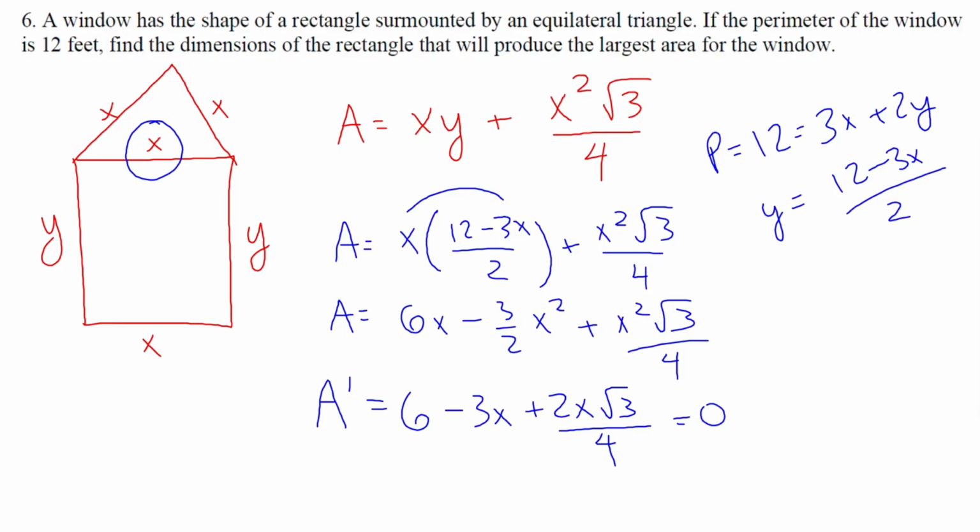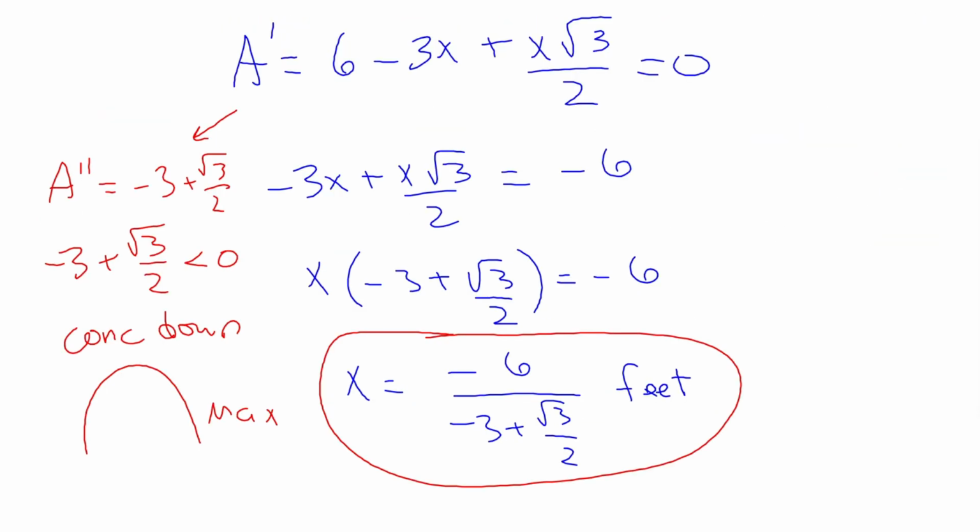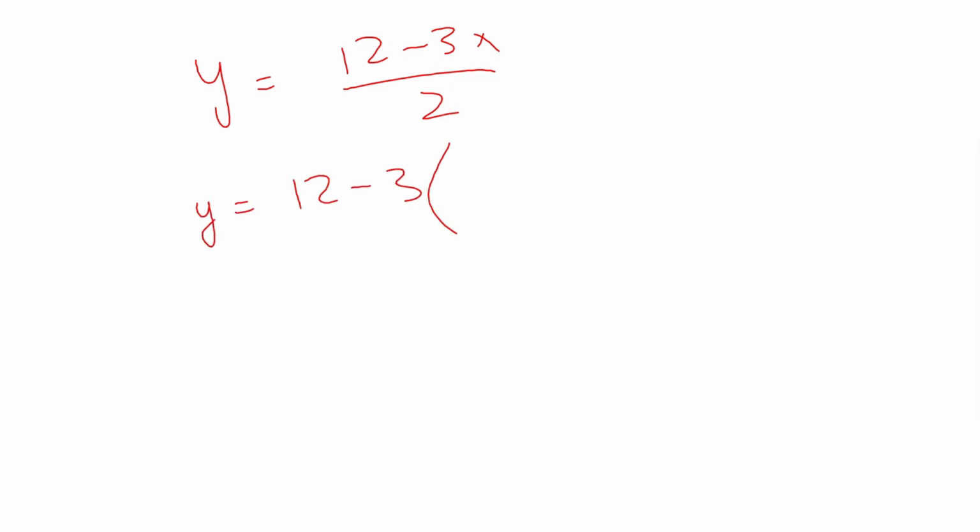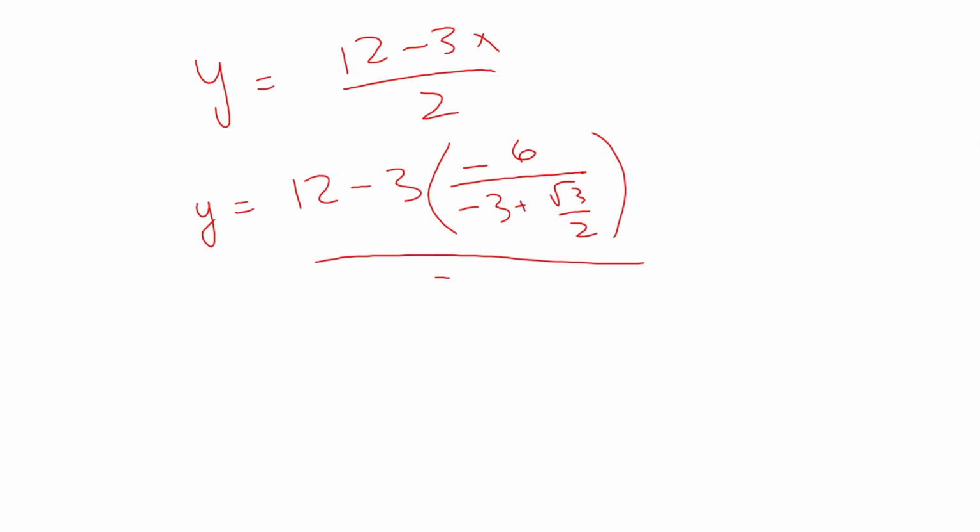We wanted the dimensions, so we need to find the value for y technically as well. So y was equal to 12 minus 3x, all over 2, I believe, right? Yeah, 12 minus 3x over 2. So if I plug that in, we get y is equal to 12 minus 3 times the x value that we just had, which was negative 6 over negative 3 plus root 3 over 2, all over 2, which is kind of annoying.